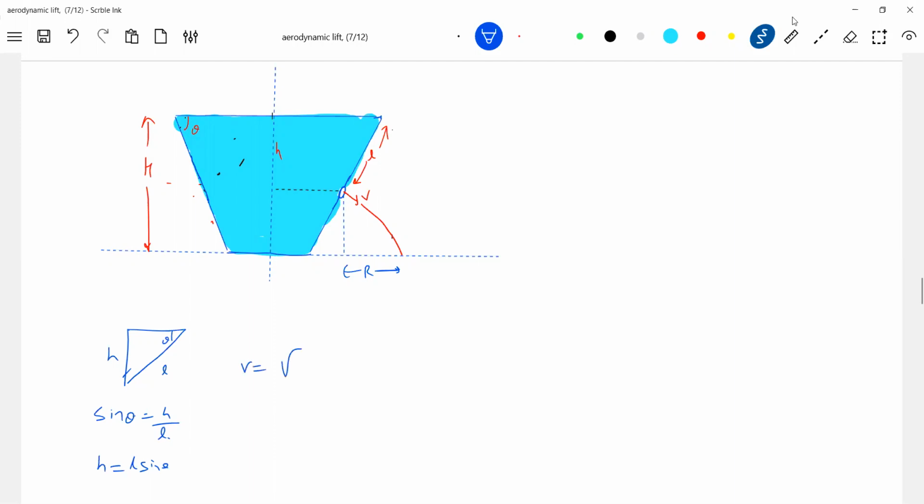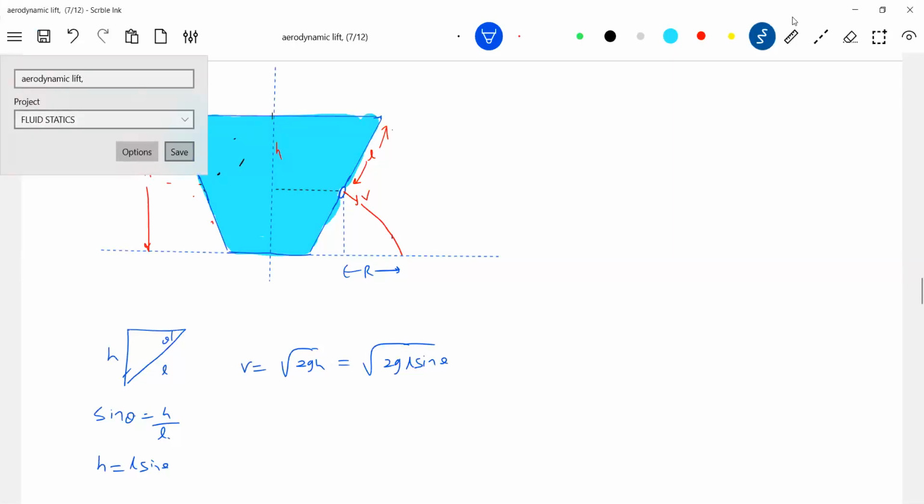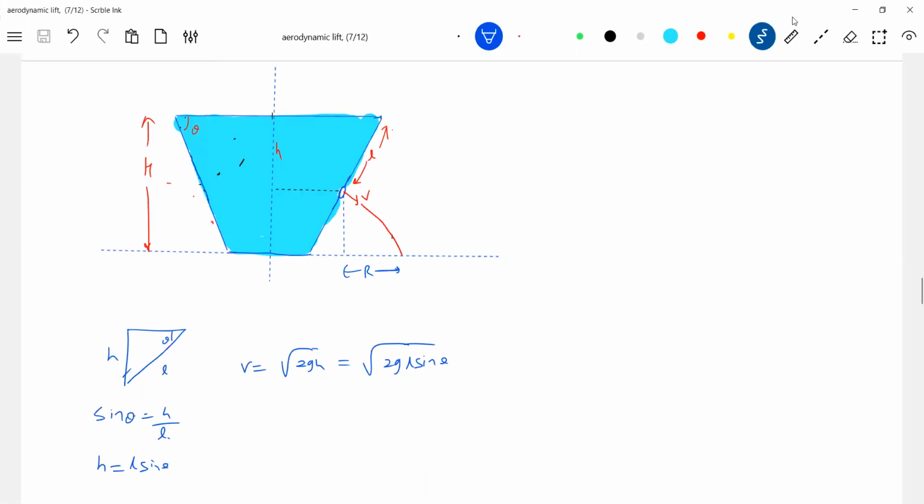What is the velocity of efflux? Root of 2gh, root of 2gL sine theta. Shall I write directly? No need of Bernoulli's theorem, directly, because it all depends on depth, no? No, not length L, slant length L. Vertical depth, at what vertical depth the hole is located. Pressure depends on depth, no? From that we are deducing this.